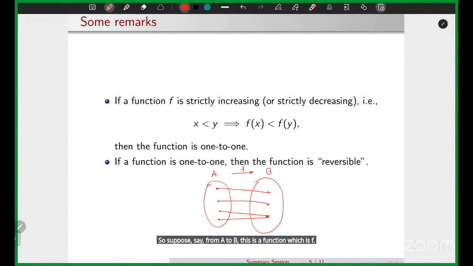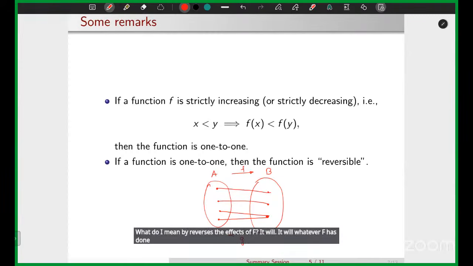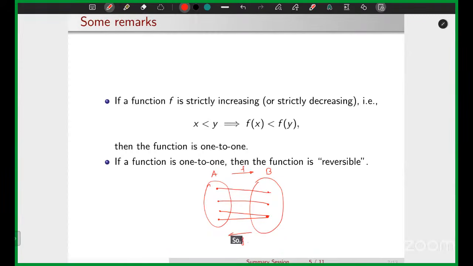Can I define a function from B to A such that it reverses the effects of f? What do I mean by reverses the effects of f? Whatever f has done, it will undo. So it will take some image of f back to its pre-image.